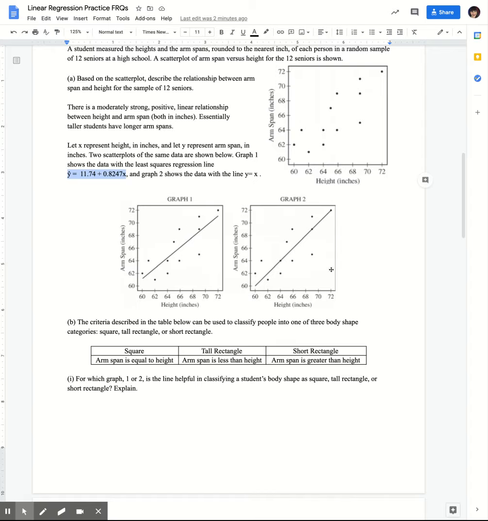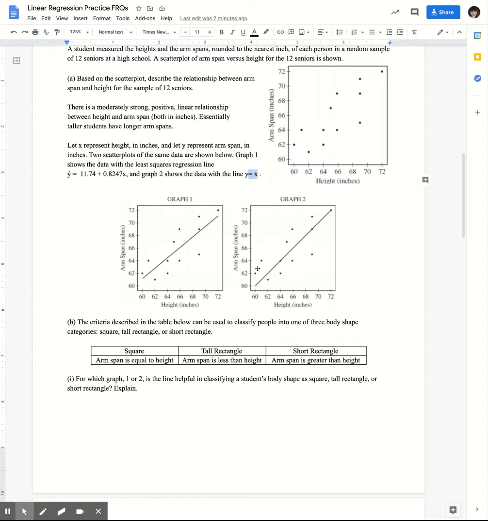But this line, y equals x, remember that x is height and y is arm span. So along the line y equals x, we have people whose arm spans are equal to their heights, right? That's what this means, the y equals x, right?